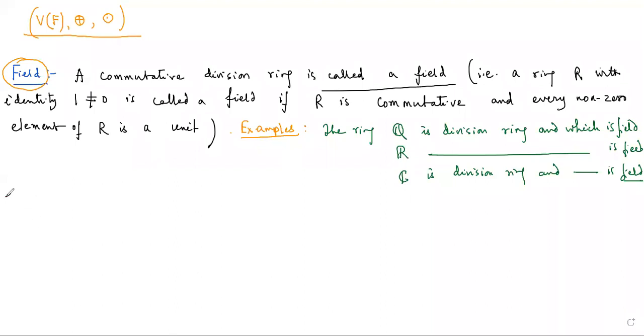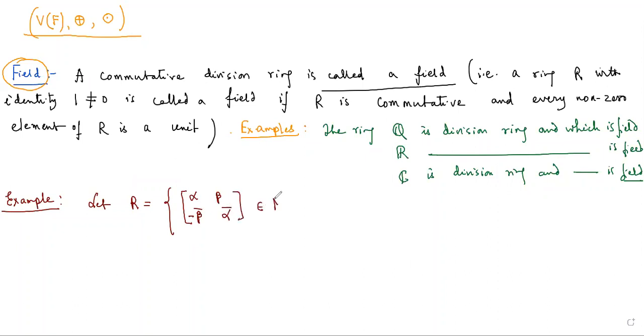Let us now solve the following example. Let R be the set consisting of matrices of the following form: alpha, beta, minus beta bar, and alpha bar.